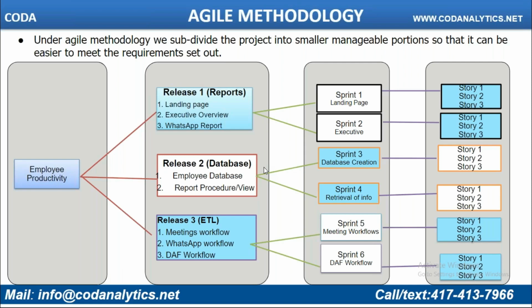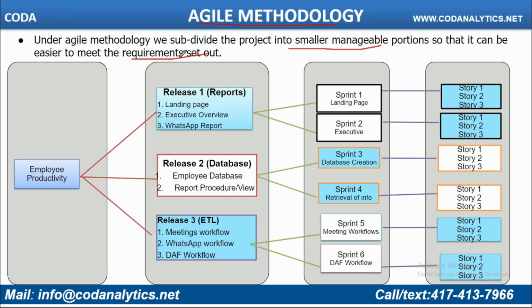For our case today, the employee productivity project, we will be using the agile methodology, and we want to see how it works. Under agile methodology, we subdivide the project into smaller and manageable portions, so that it is easier to meet the requirements set out. So that is what agile methodology does.